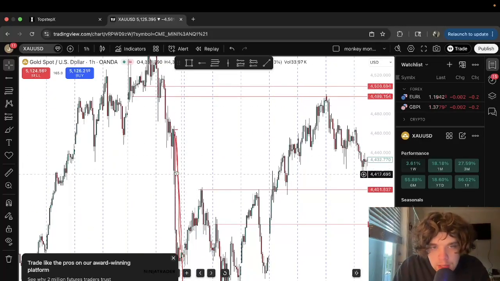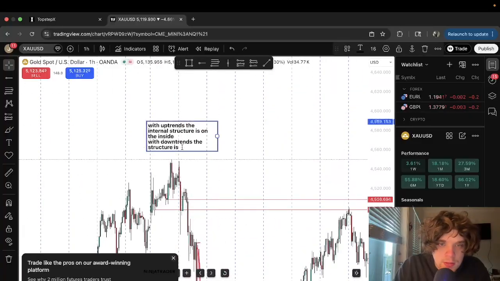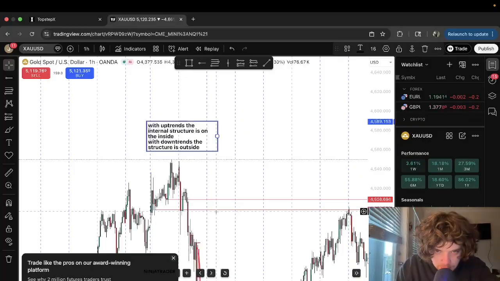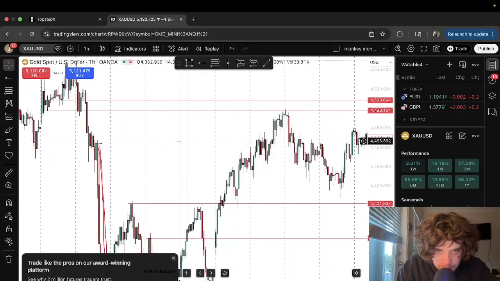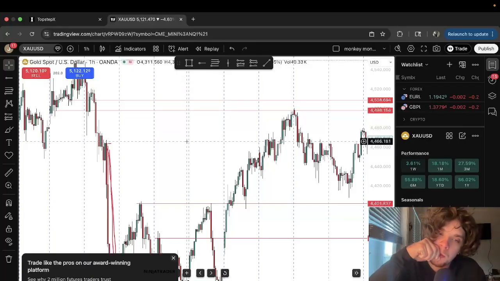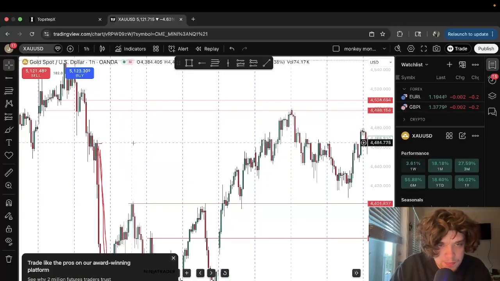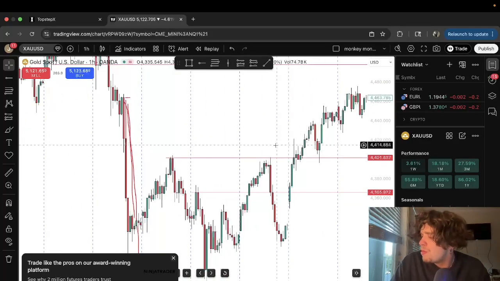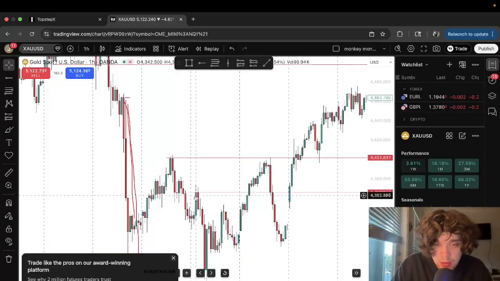Like, this would be the inside. I'm just going to say the outside. You'll understand. Internal structure, right? As you can see, the structure was never broken.